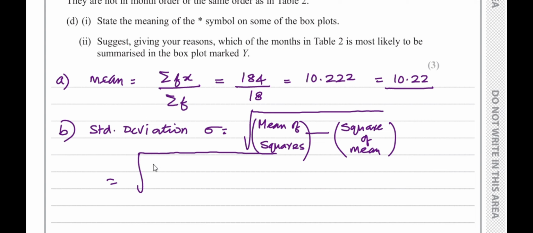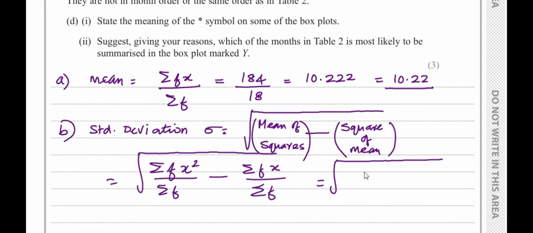So doing so, we can represent this like this: sigma f of x squared over sigma f, minus sigma f of x over sigma f, which we already calculated. So in this case, the mean of the squares happens to be, let me put the square root sign here, 2062.